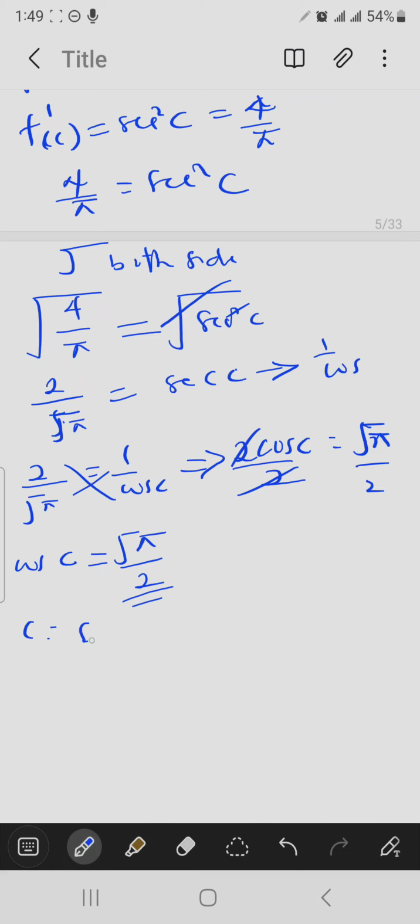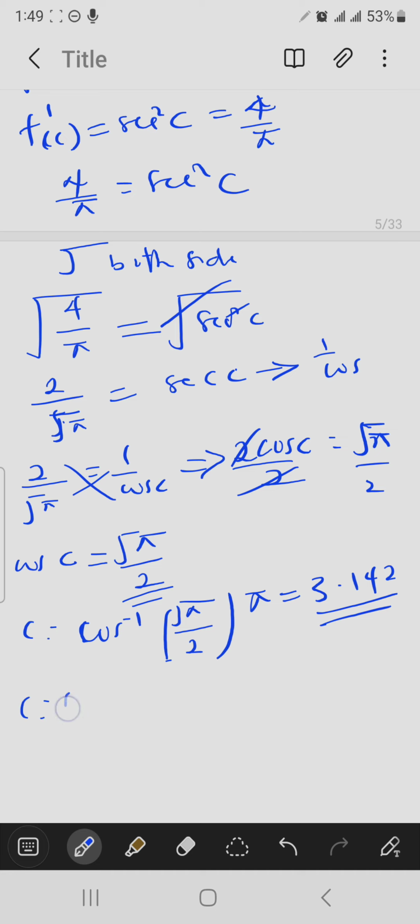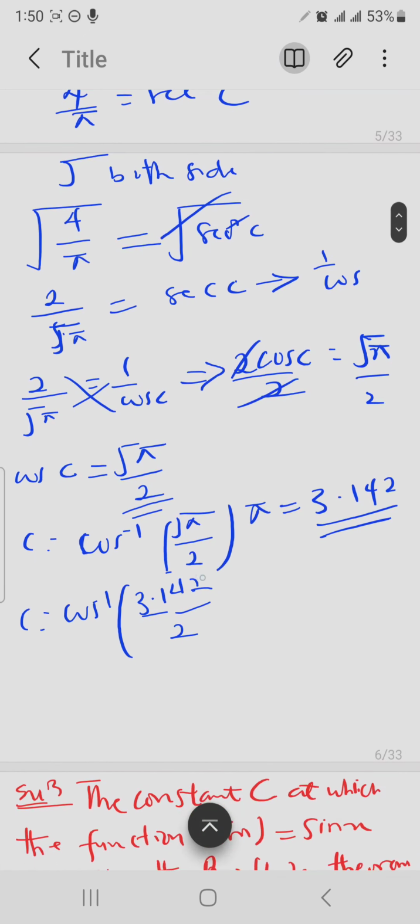We will now have C equals cos inverse of open bracket square root of pi over 2. So now here, pi will be equal to 3.142. This is how we're going to treat it. So you find 3.142 divided by 2, square root of 3.142 divided by 2. So C now becomes cos inverse of the square root of 3.142 over 2.